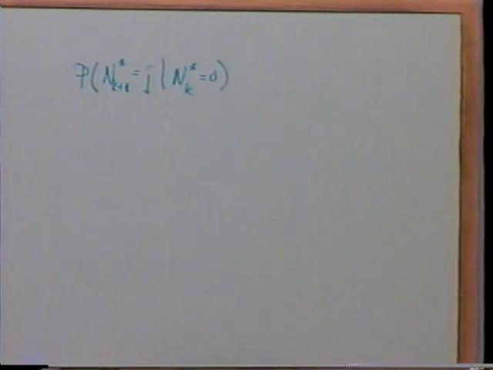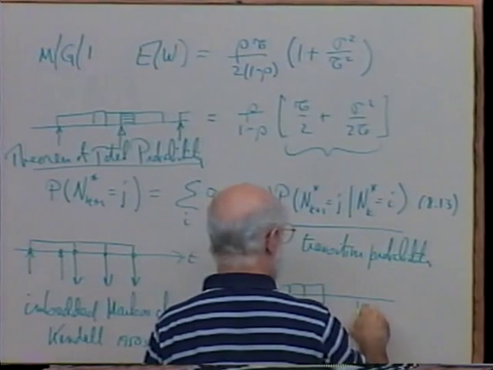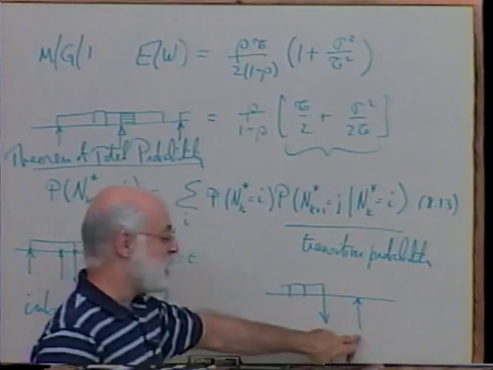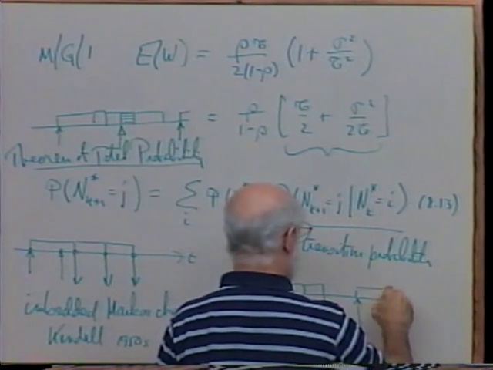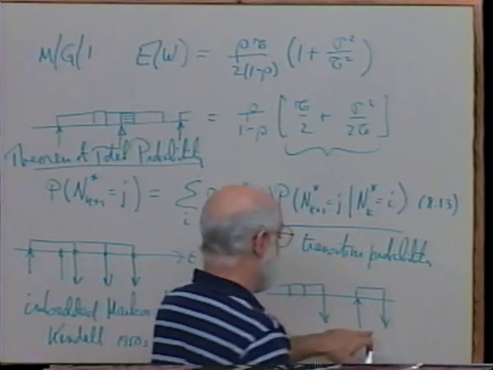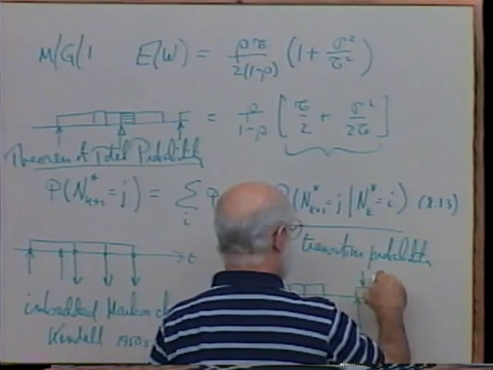There's the busy period, and it ended, and here's the customer we're talking about, and he leaves the system empty. So if customer number k leaves the system empty, then customer number k+1 must find the system empty. And if he finds the system empty, then when he leaves, the number that he leaves behind are all those customers who arrived during his service time.